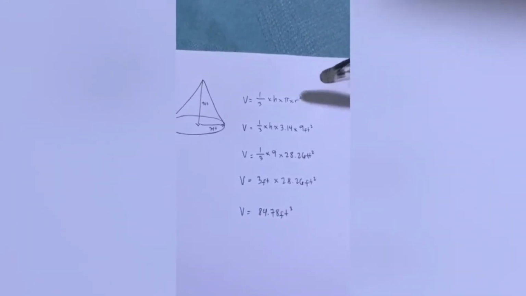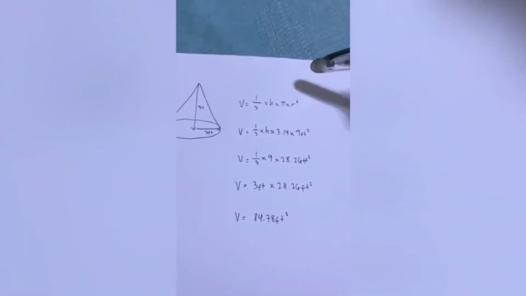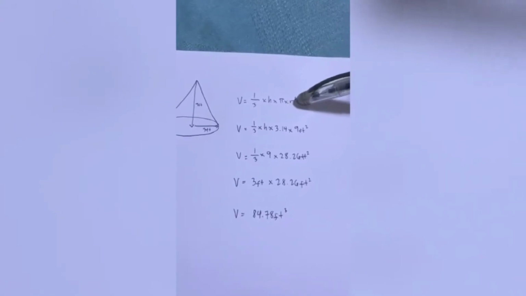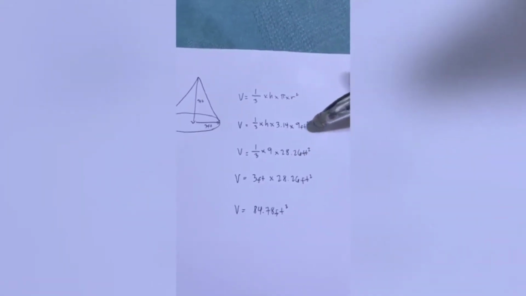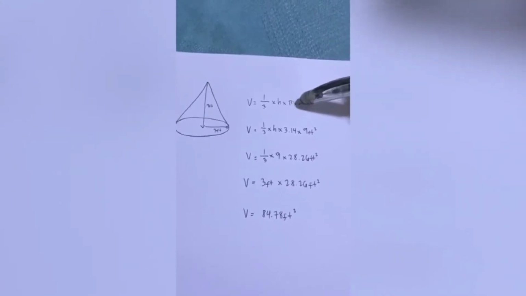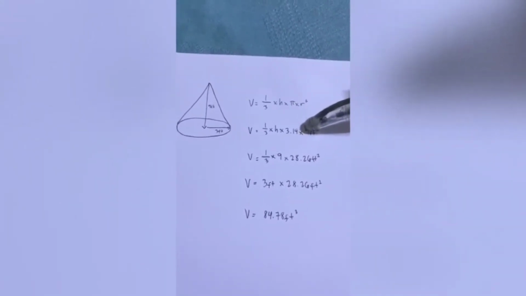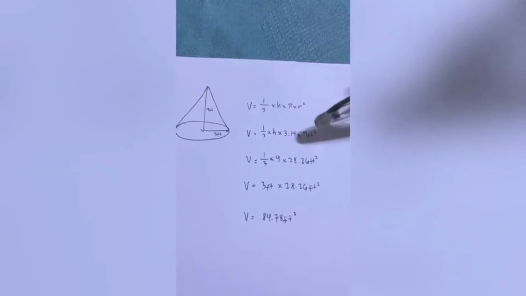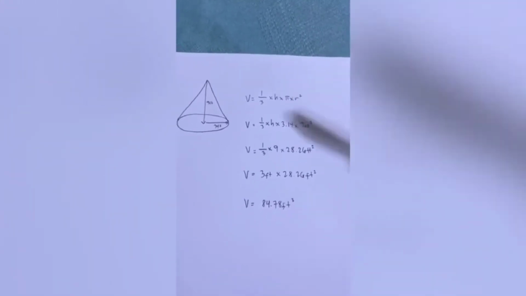First, you need to find the radius. That is 3 feet. So 3 to the power of 2 would be 9 feet squared. Then the value of pi, which is 3.14, multiplied by the radius squared. So 3.14 times 9 feet squared would be 28.26 feet squared.